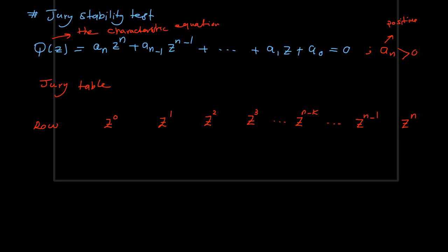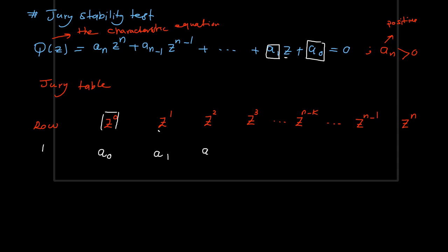Now the first row is taken directly from the characteristic equation, so I will collect the coefficients: the coefficient of z to the power 0 is a0, then the coefficient of z to the power 1 is a1, and so on.